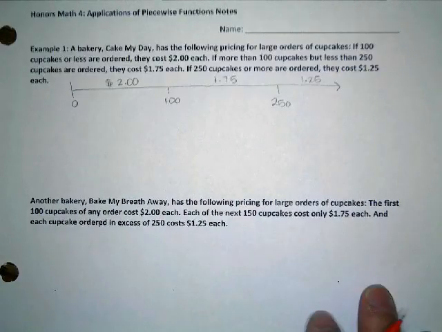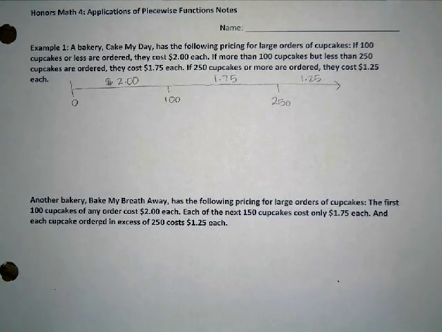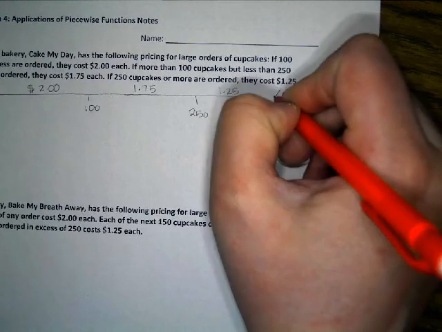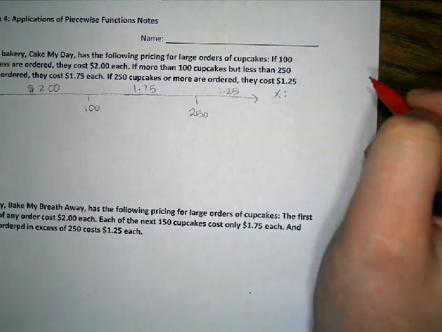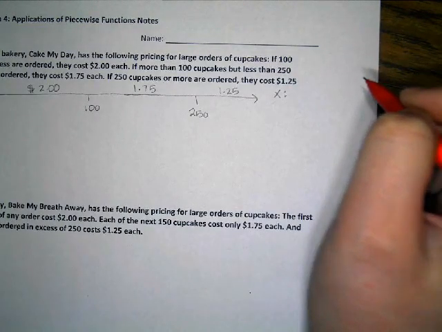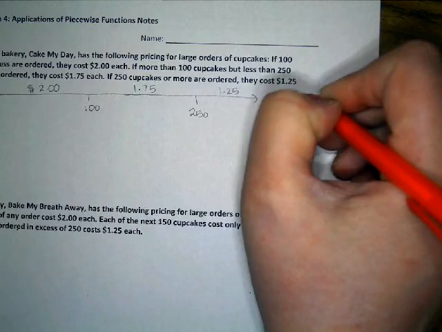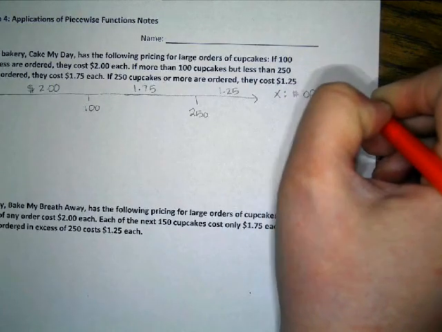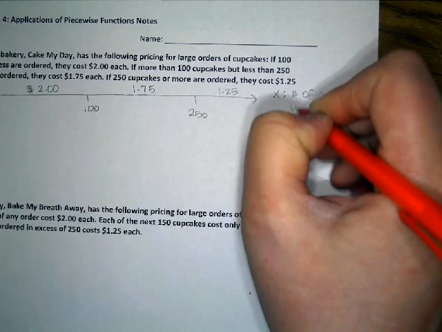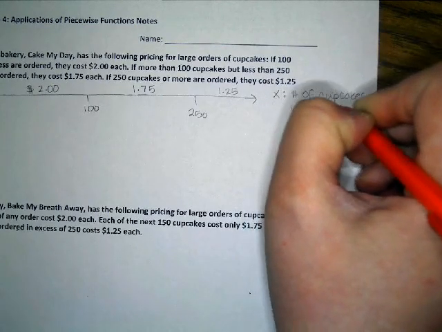Okay. And then we also want to make sure that we define what our variables are. So are you guys okay with me using X for the variable that we're plugging into the function? Is that cool? Okay. So if we use X as what we're plugging into the function, what do you guys think that X is going to represent? Okay, so the number of cupcakes you bought. Okay.